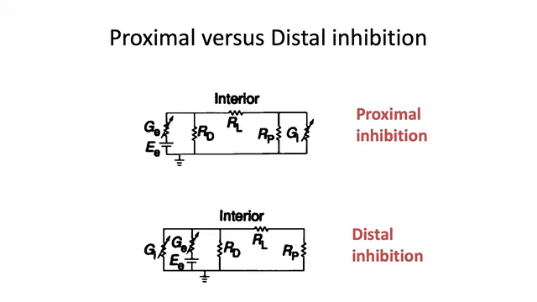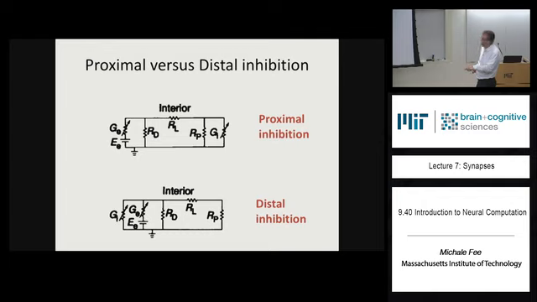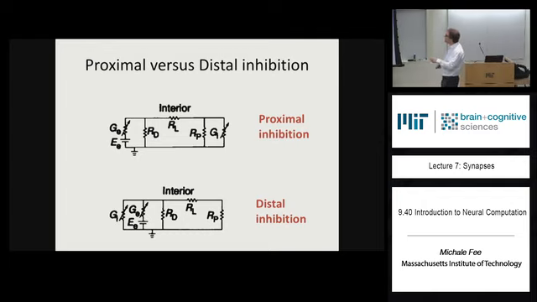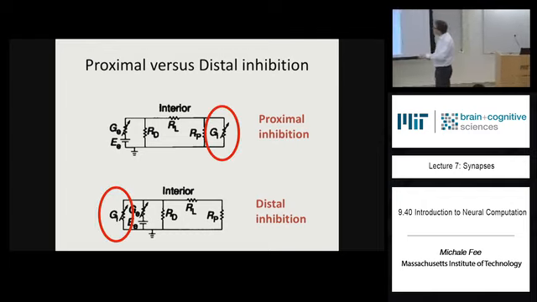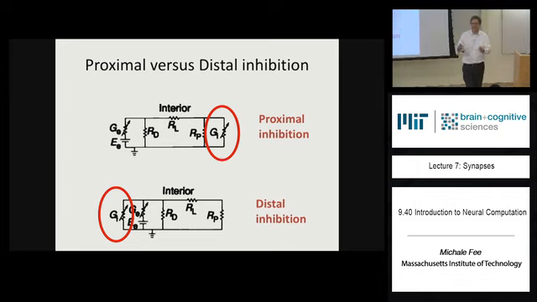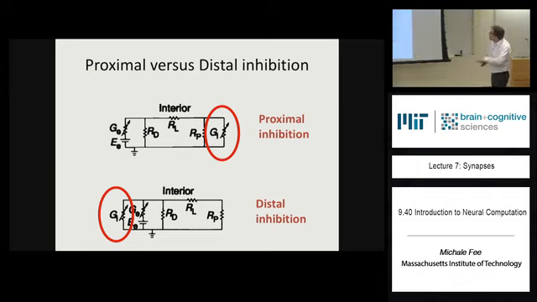In one of these models, they're modeling the proximal inhibition. In the other model, they put the inhibitory synapse out here on the dendrite. And they ask, how are those two different sources of inhibition different? What do they do differently to the neuron?